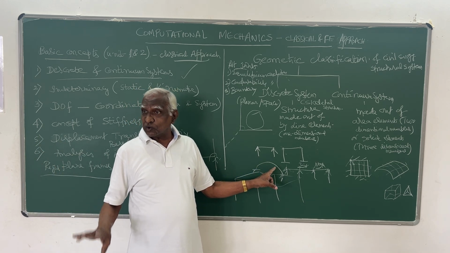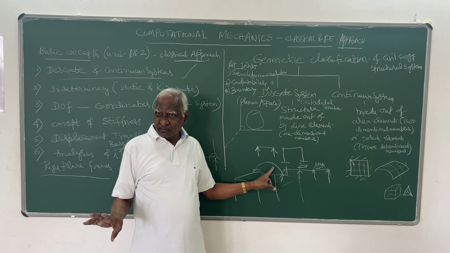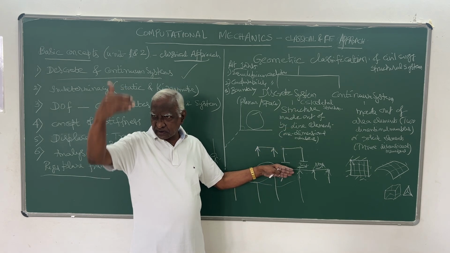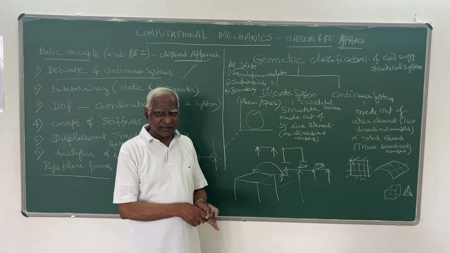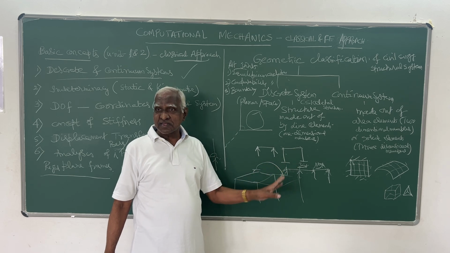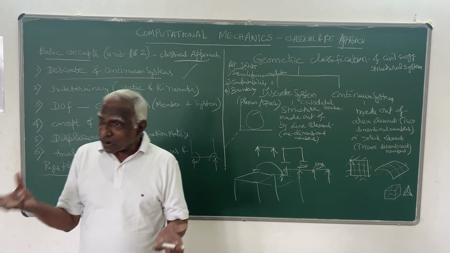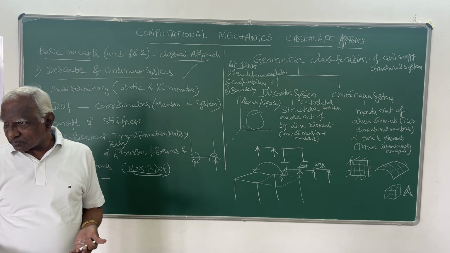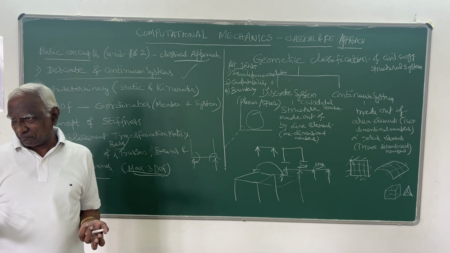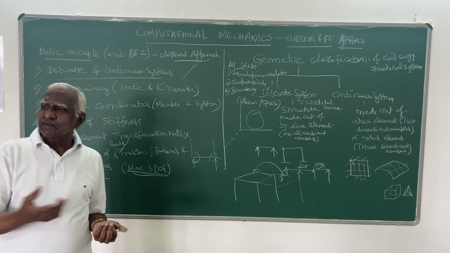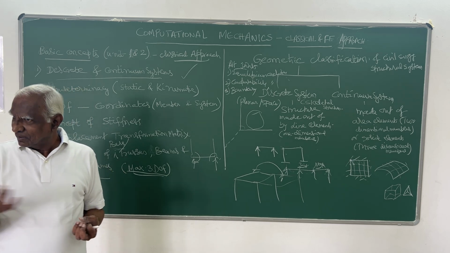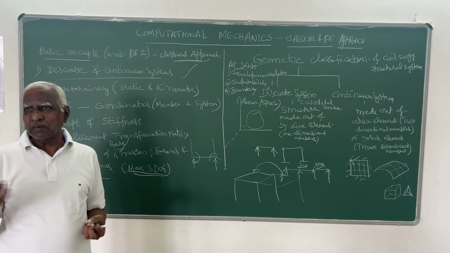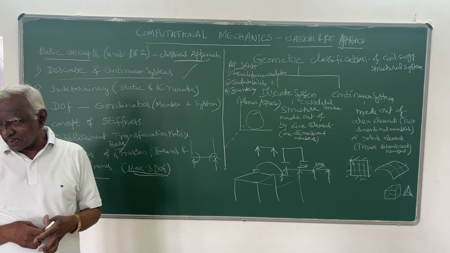Since displacement should not be there during the analysis, because it has to be in the stationary condition, there should not be any force. What are the types of force at each joint? Either it may be a direct force or it may be a moment. Only 2 types of force. So the sum of the forces should be 0, and the sum of the moments should be 0.